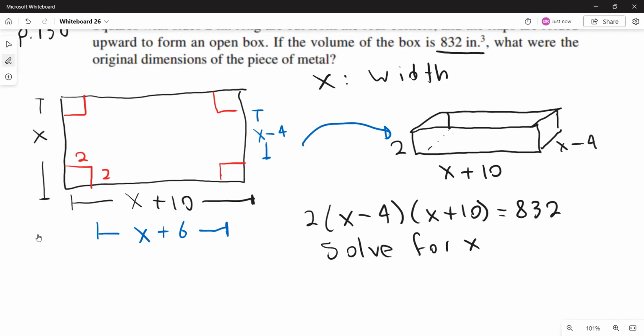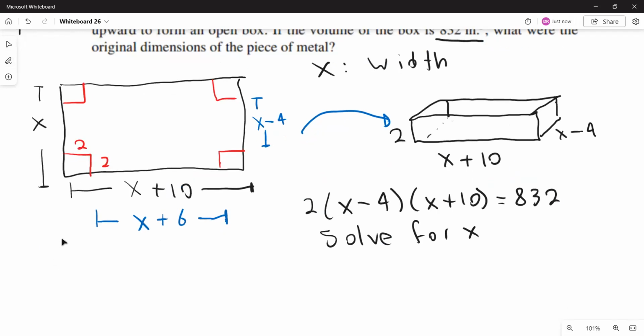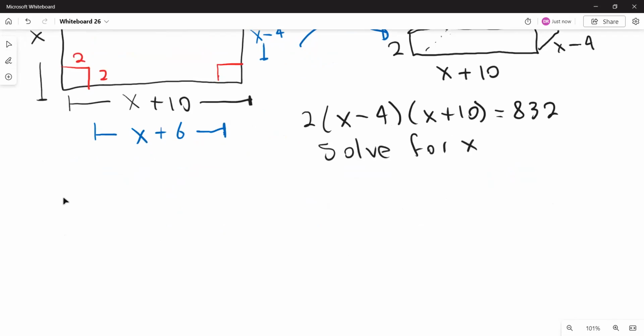We can simplify this equation a little bit by dividing by 2. So x minus 4 times x plus 6 is 832 over 2, or 416.